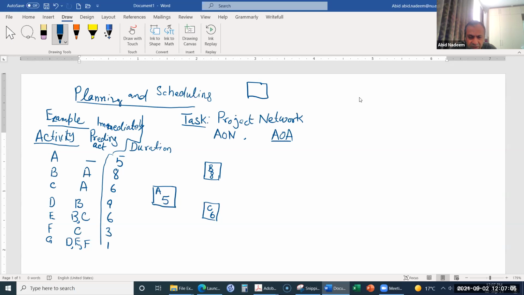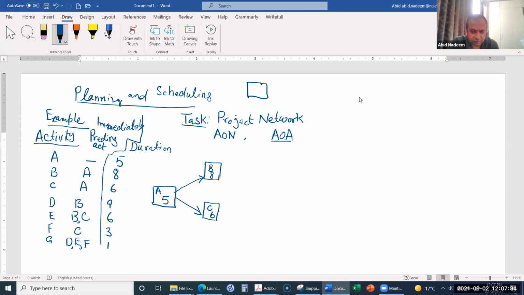Then I can connect them with arrows. So these arrows show the precedence relationships: from the finish of activity A to the start of activity B, a finish to start relationship. Here we don't mention the type of relationship. If it is not mentioned, it is always understood to be a finish to start relationship.